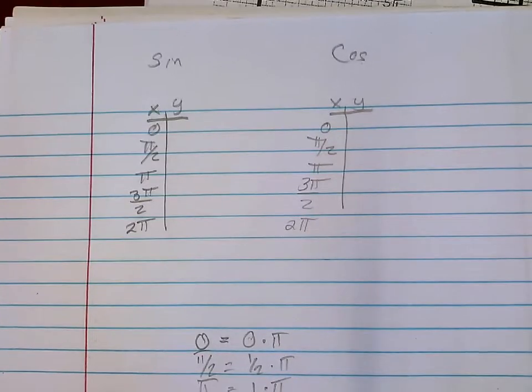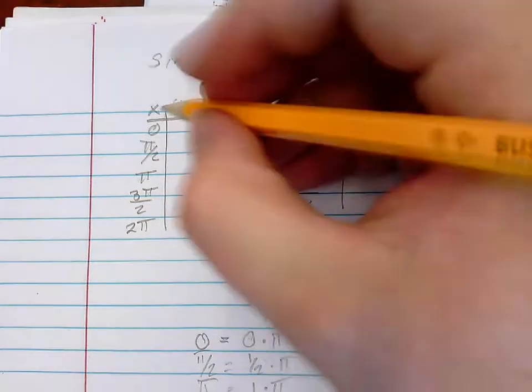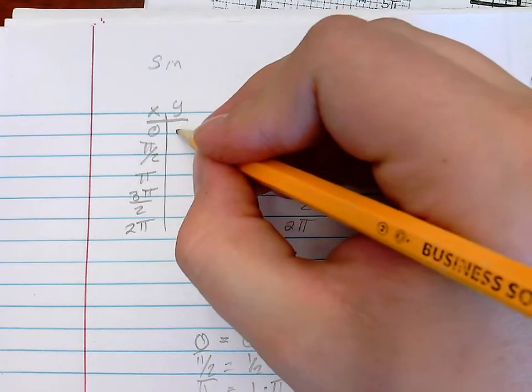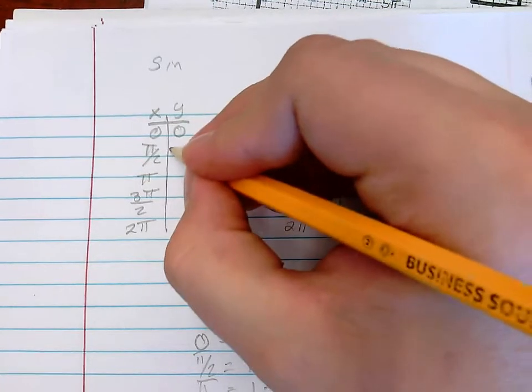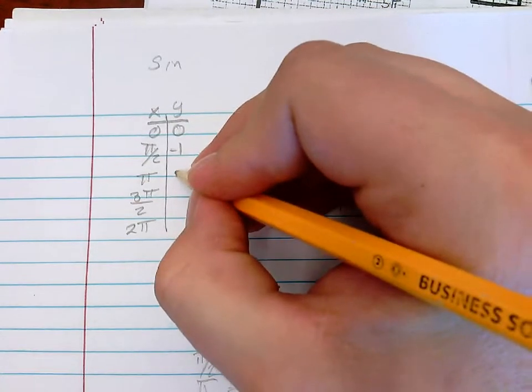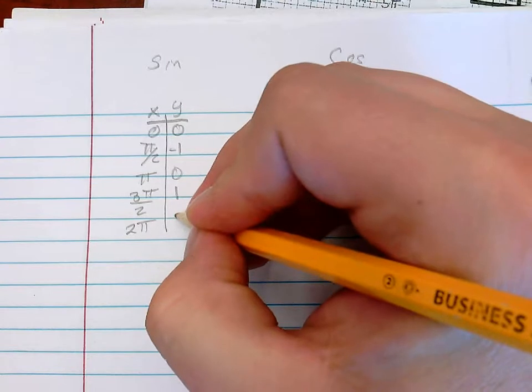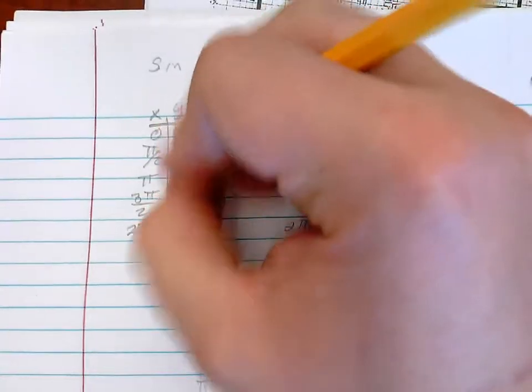So I'm going to look up at this first one. We have all of this stuff, right? And since we have all of this stuff, we know that the y's on a sine value go like so. They always go 0, 1, 0, -1, 0. I'm sorry, it's backwards.